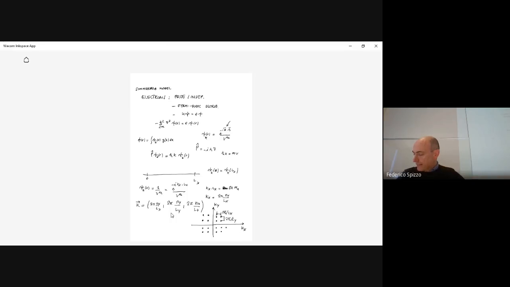So if you fix an x, a y, and a z, you choose one point in this lattice. That point corresponds to a wave vector. That wave vector corresponds to a wave function. So we have a one-to-one correspondence between points in this space and electronic wave functions in, let's say, real space.